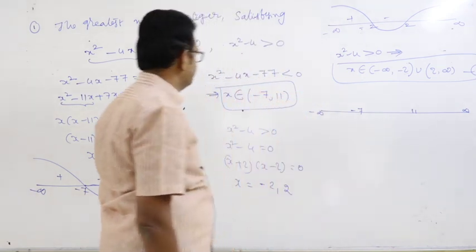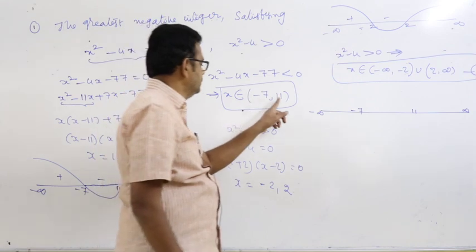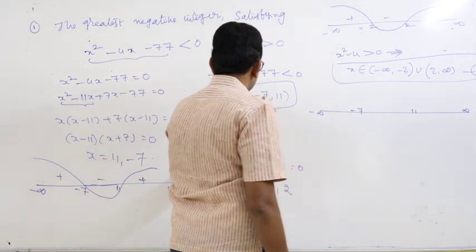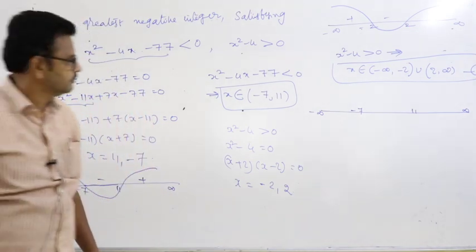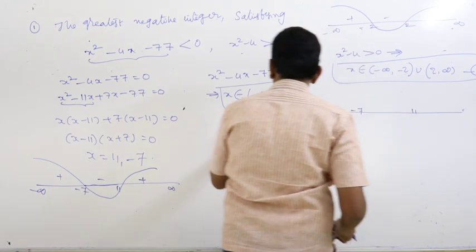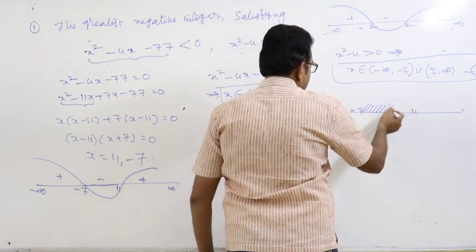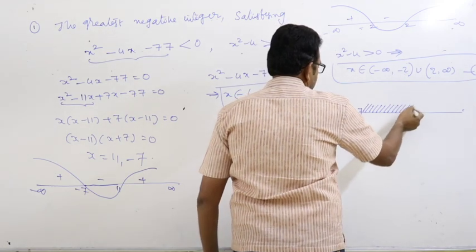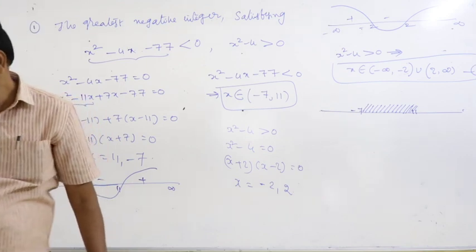So first one is what? Here x belongs to minus 7 comma 11. x belongs to minus 7 comma 11 is the first one.